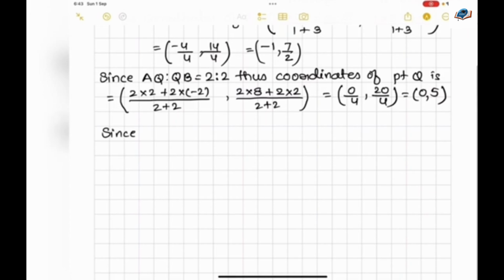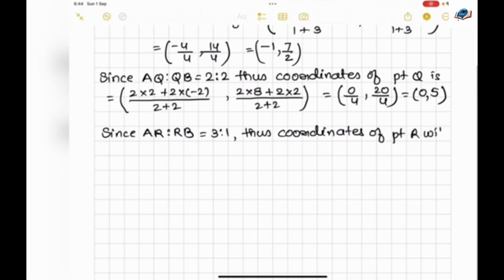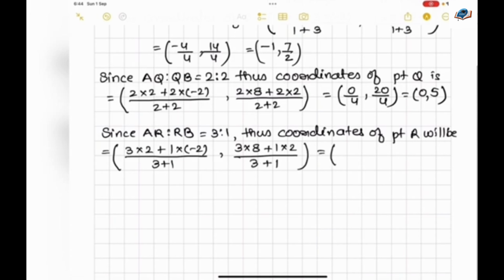Since AR is to RB equal to 3 is to 1, thus coordinates of point R will be equal to (3 into 2 plus 1 into minus 2) by (3 plus 1), comma (3 into 8 plus 1 into 2) by (3 plus 1), that is equal to 4 by 4, comma 26 by 4.